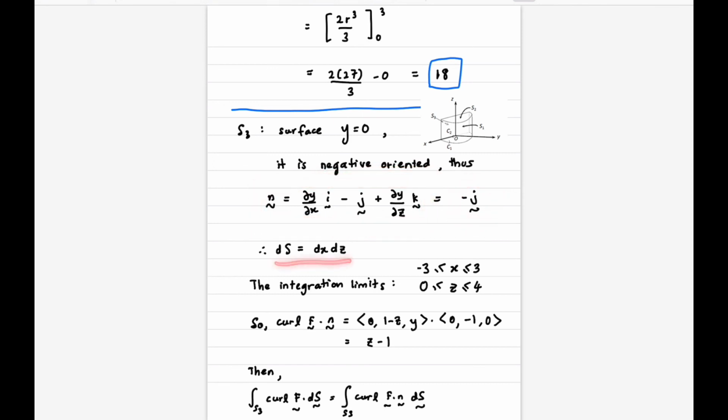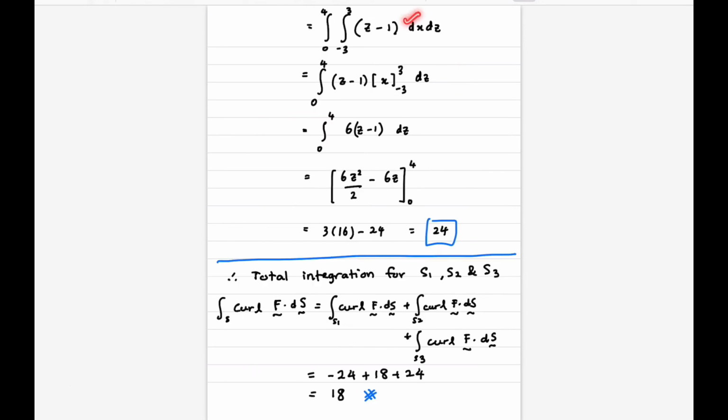So ds is equal to dx dz, and the integration limits for this surface: x is from negative 3 to 3 and z is from 0 to 4. So curl F dot n, this is curl F, this is your n, so you get z minus 1. Just do the simple integration here, solve it, then you will get 24.